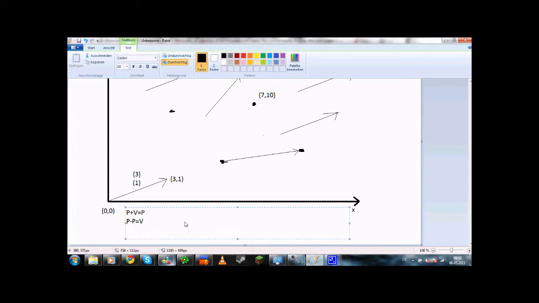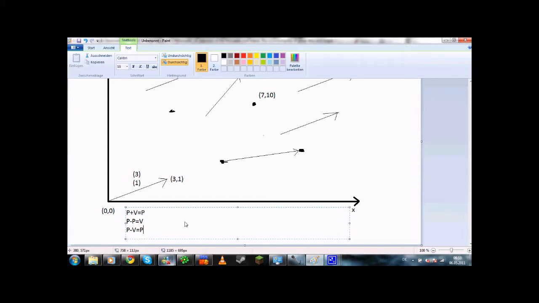Also, a point minus a vector is a point. If you just change that formula around, you get the same one I had there, because you just subtract p and you add v, and then you get the formula from above.